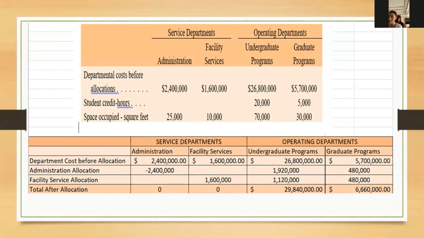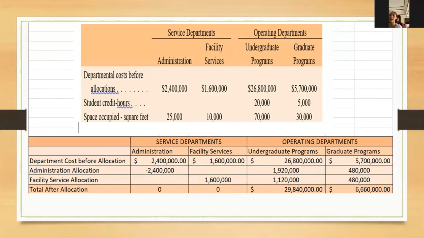And yung sa graduate programs naman po is $1,600,000. I-times natin sa graduate programs ng 30,000. I-divide natin sa total allocation ng square feet equals to 480,000. So as you can see po, ipag-add natin sila, naka-allocate sila perfectly and equally po.